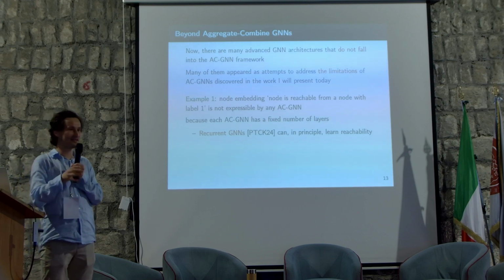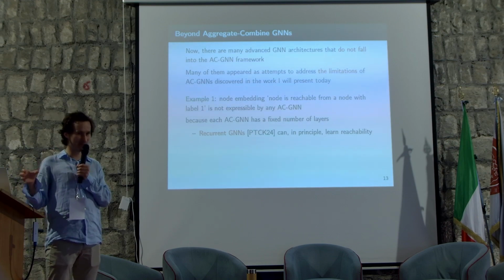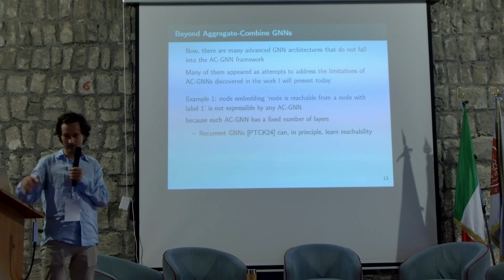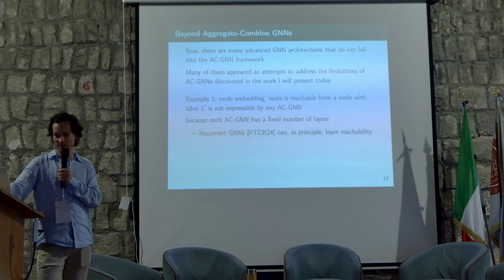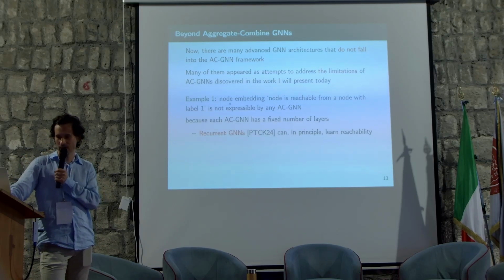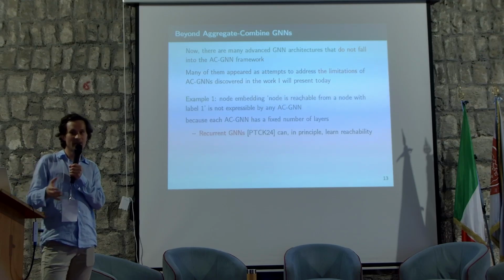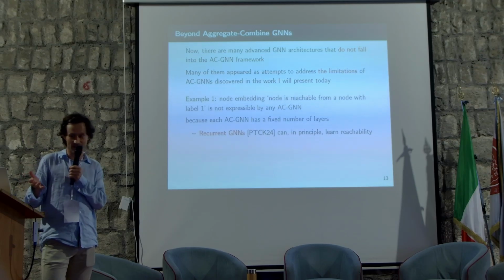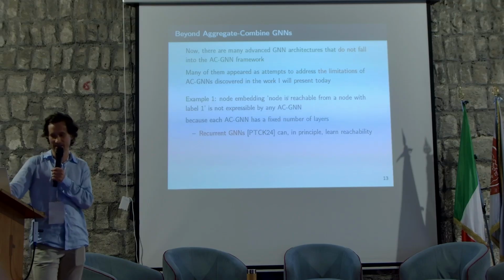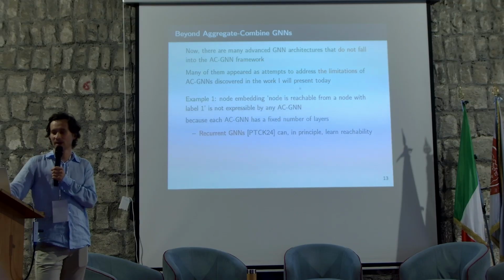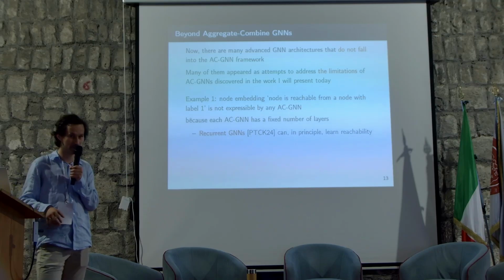But it's easy to see that not every function is possible to realize, and even realize, whatever it means, even approximate. But just as a basic observation without formalizing, for example, the classic reachability problem is not expressible with these GNNs. So we can't find any AC GNN which realizes the function, a node is reachable from a node with label 1, right?